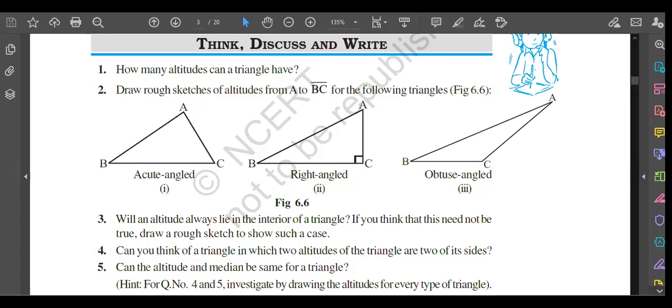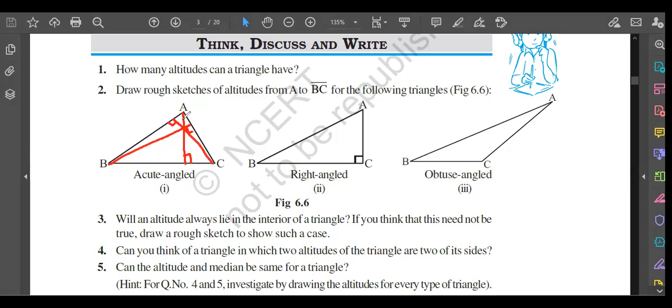Okay, question number two. Everyone should think. The altitude from point A will be this one, yes or no? From point B, it might be this one, and for point C, it might be this one.